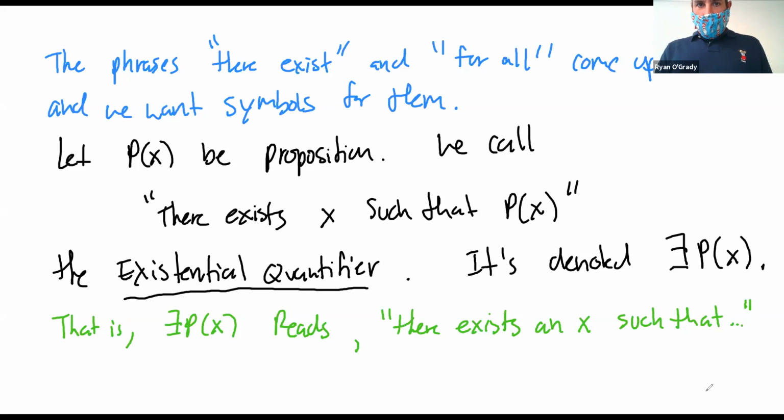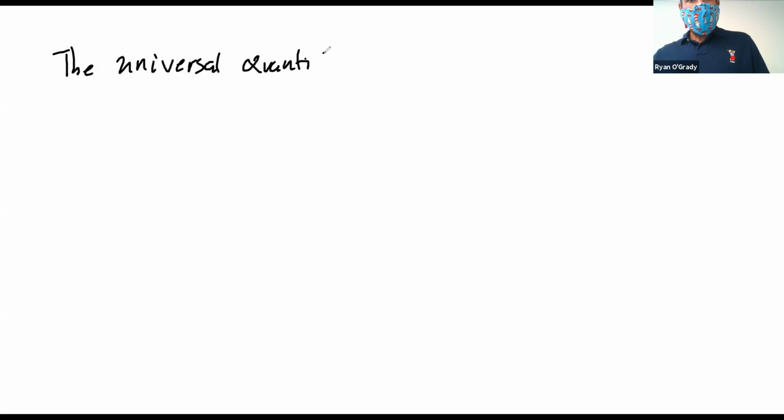Very good. So the other quantifier we saw is this "for all." That's what we're going to cover now, what we call the universal quantifier. So what is the universal quantifier?